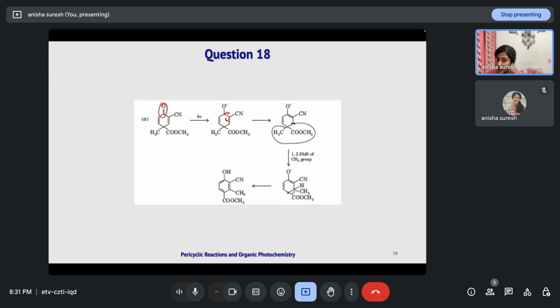Now proton abstraction and aromatization will take place, leading to formation of the final product. Okay, so this is the chemistry of the dienone radicals.